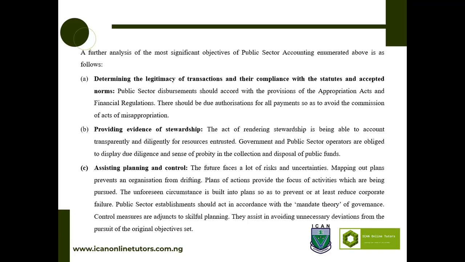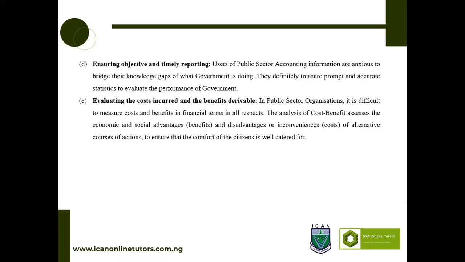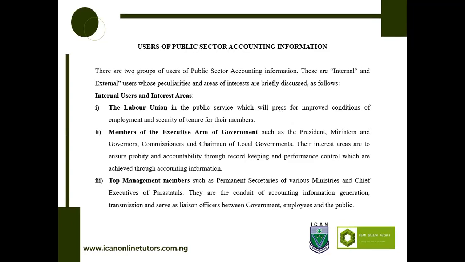Providing evidence of stewardship, that is, rendering accounts and transparency of all the activities entrusted to public officers. We've mentioned assisting in planning, awards and controlling, ensuring objectives and timely reports, and finally, evaluating the costs incurred and the benefits derivable. Are we following?